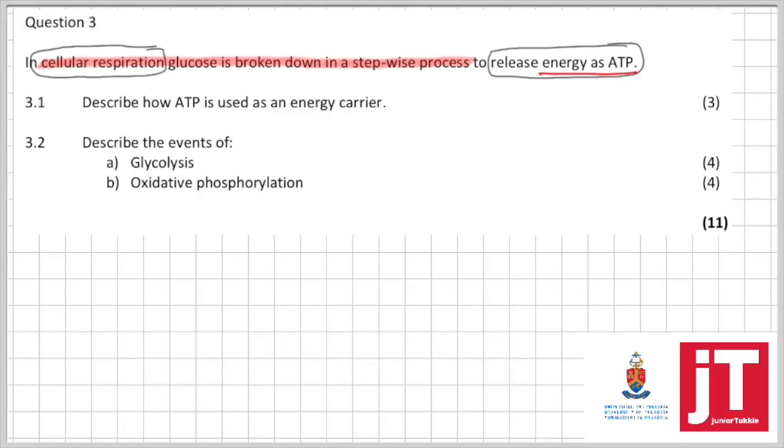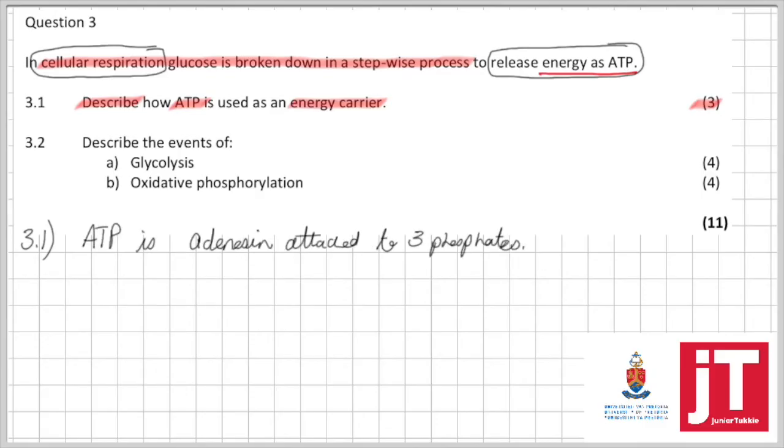And if we have a look now, we see that ATP, and through our studies we know this, is an adenosine attached to 3 phosphates. ATP, adenosine triphosphate. So it's an adenine group, so that's the adenosine, and it's attached to 3 phosphates.